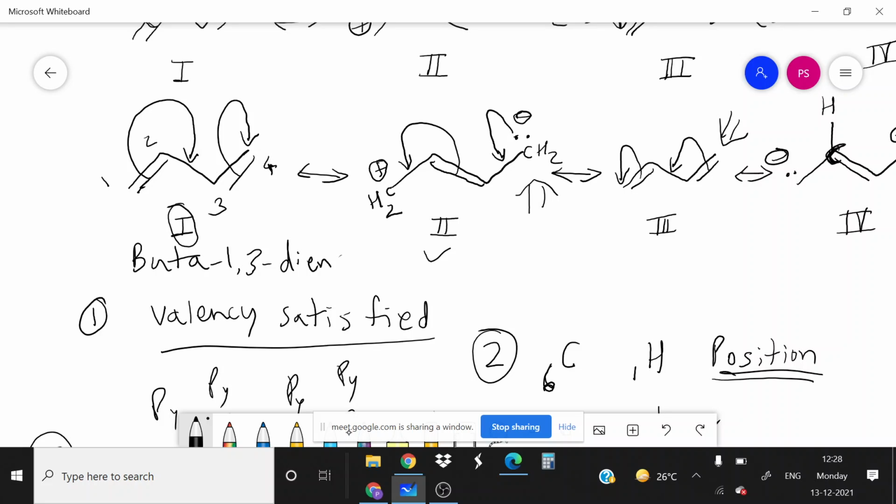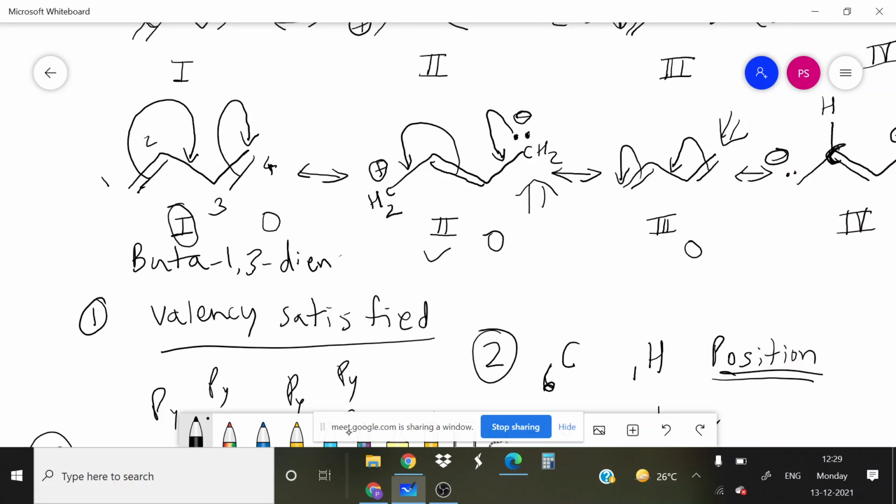So all electrons are paired, no unpaired electron. You can see here in structure number 2, all electrons are paired. No single dot is present in structure number 2. Even the negative carbon has one lone pair of electrons, that is a pair. So no unpaired electrons. So structure number 1 contains 0 unpaired electrons, structure number 2 contains 0 unpaired electrons. In structure number 3, of course structure number 1 and 3 are the same, so 0 unpaired electrons.